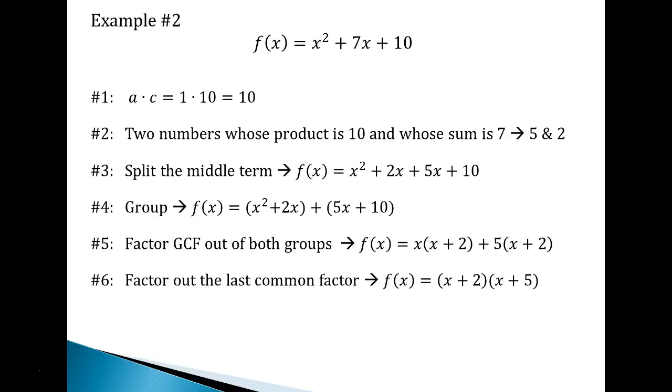So I've done that. I end up with x plus 2 times x plus 5. If I multiply those two binomials together, I will end up with x squared plus 7x plus 10. Now you can pause now and copy down this complete example if you wish.